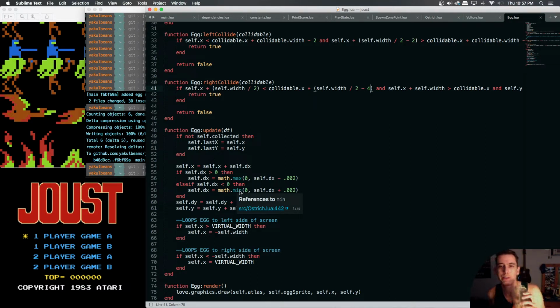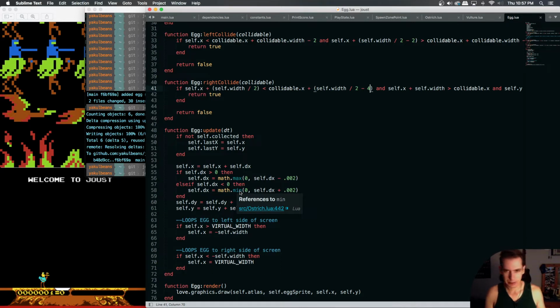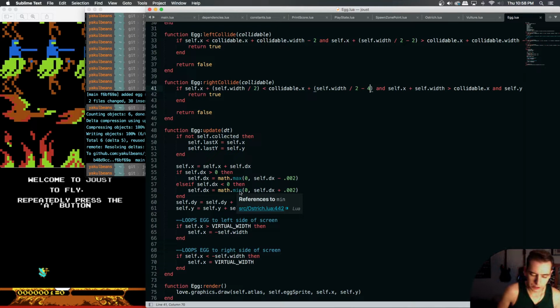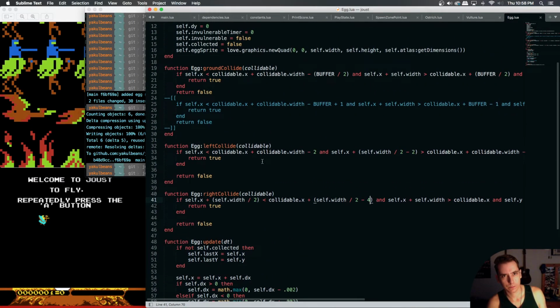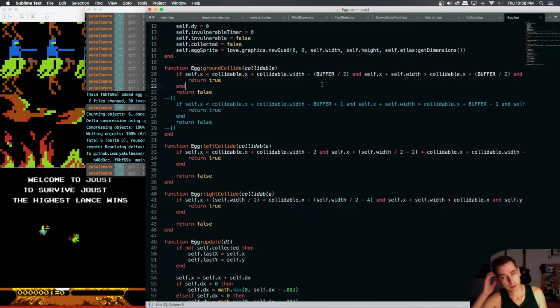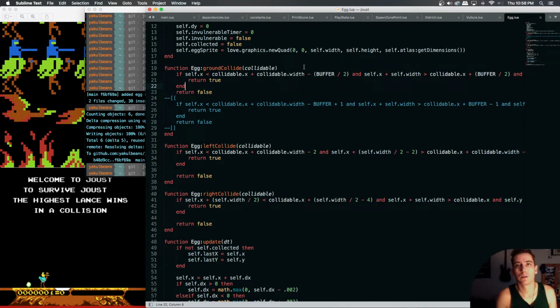So maybe that means we give it a little less leeway, a little less buffer on our ground collides. I guess we'll keep that in mind if we run into a problem. We'll just decide to make our ground collide on our egg function a little less buffer, a little less lenient, right?